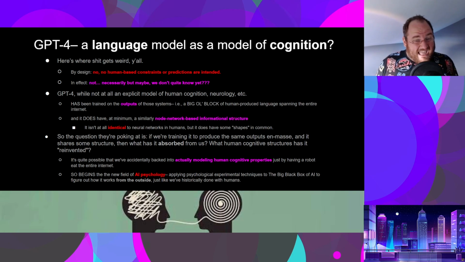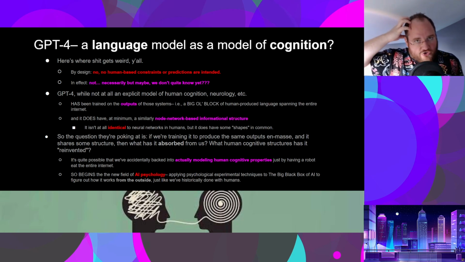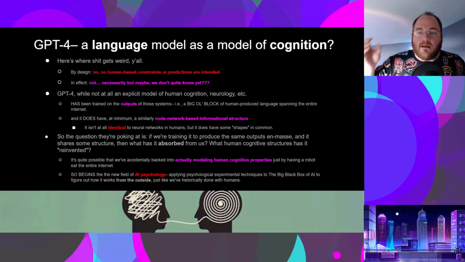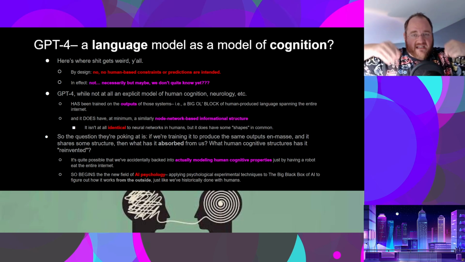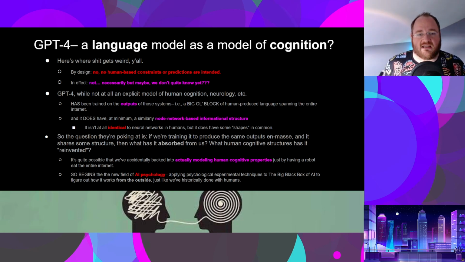And it does have, at minimum, some similarity to human informational systems because it has a node-based network similar to our neurons that is its informational structure. So combining those two, it's not identical to the actual neural networks in humans, but it does have some of those shapes. It's nodes connecting to each other and being able to produce these really complex patterns out the other side.